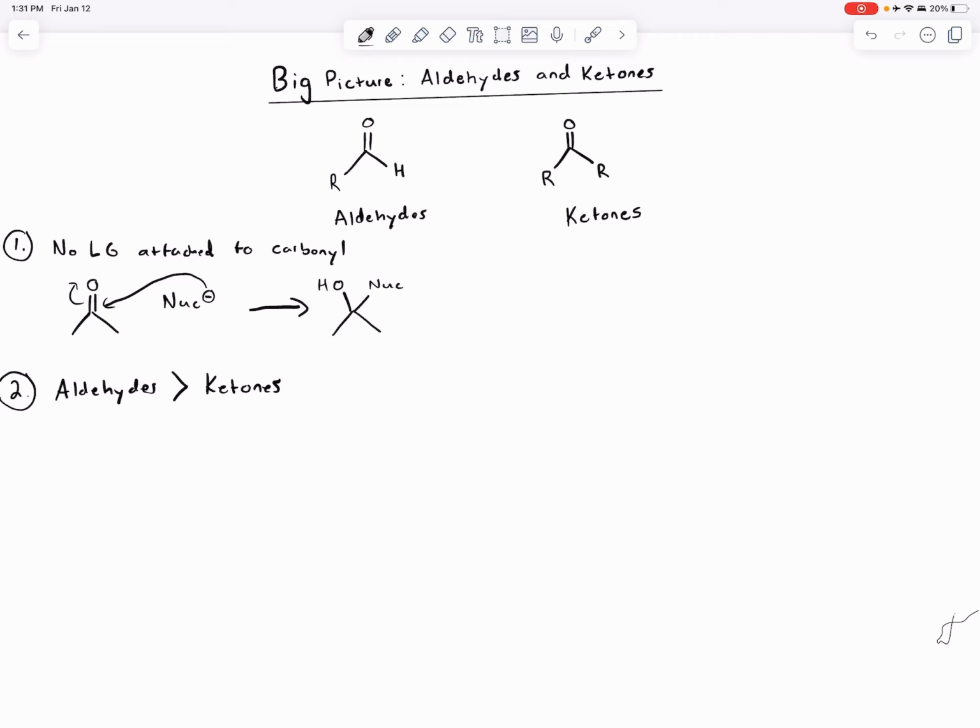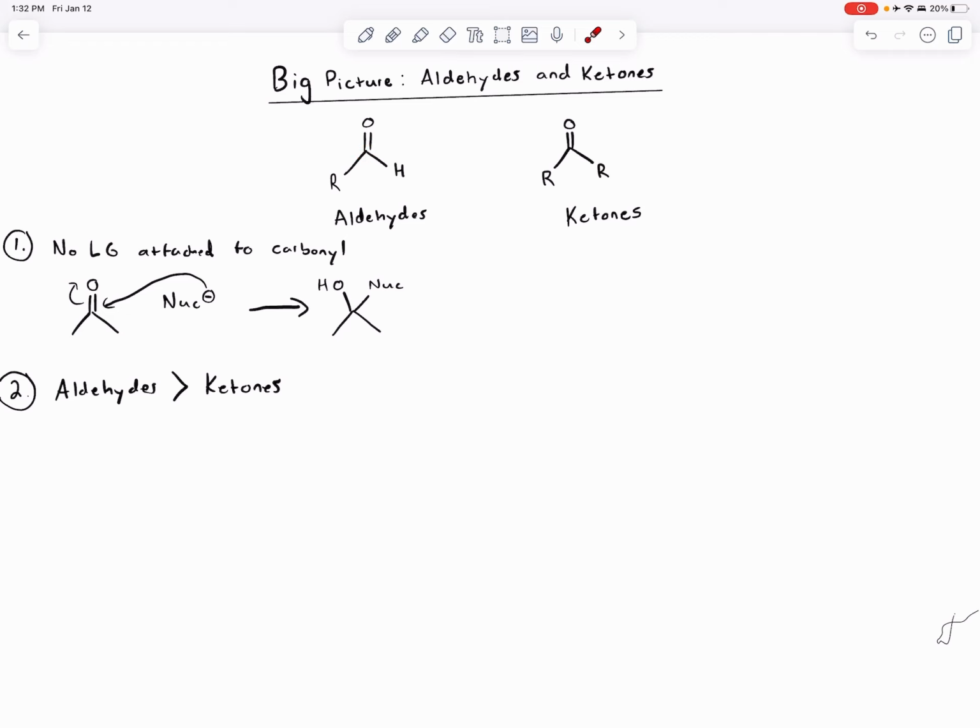Let's take a look at their structure right here, and what I want you to notice is aldehydes have one carbon group and then a hydrogen. Ketones have two carbon groups. And something that you learned in OChem 1 is that carbon groups take up a lot of space. So, since with the ketone you have more carbon groups surrounding the C double bond O, this C double bond O on the ketone is more crowded and less vulnerable to attack than the aldehyde.